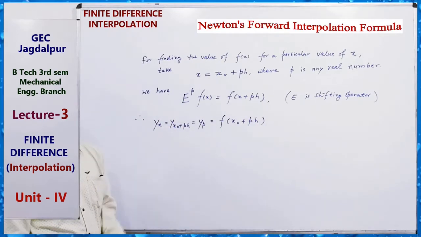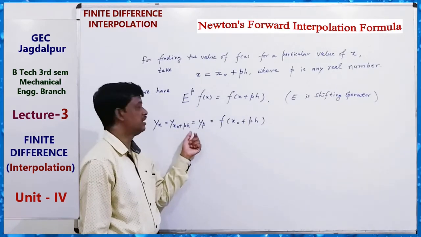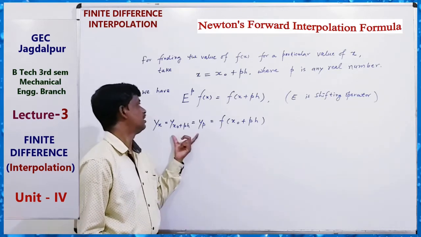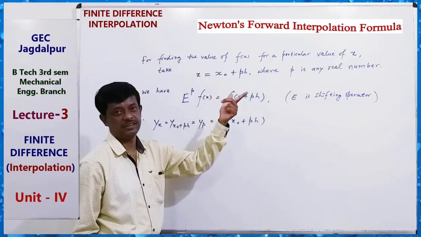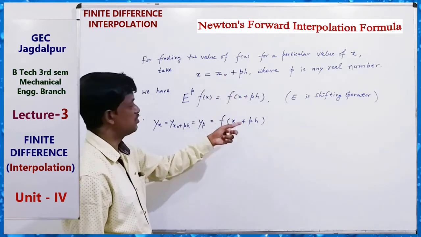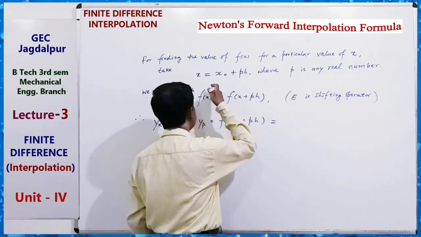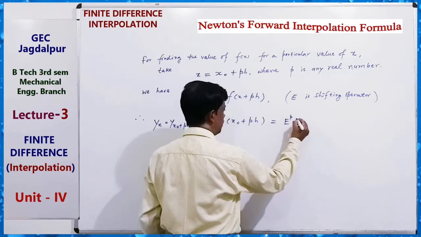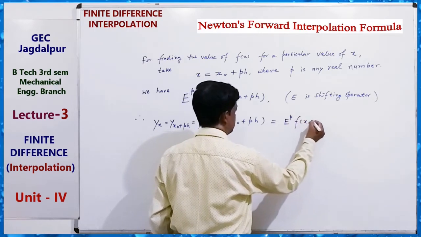All are same, because y(x), where x means x0 plus ph, is denoted also by y_p. That is, y(x) equals f(x), that is f(x0 plus ph). It can be written by using the shifting property as E to the power p, for any real number p, applied on f(x0).